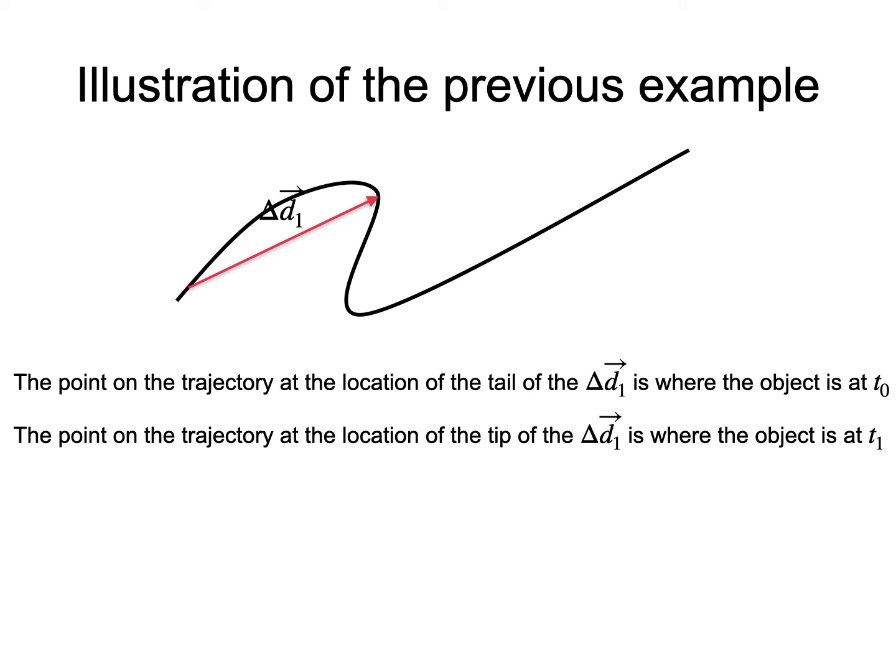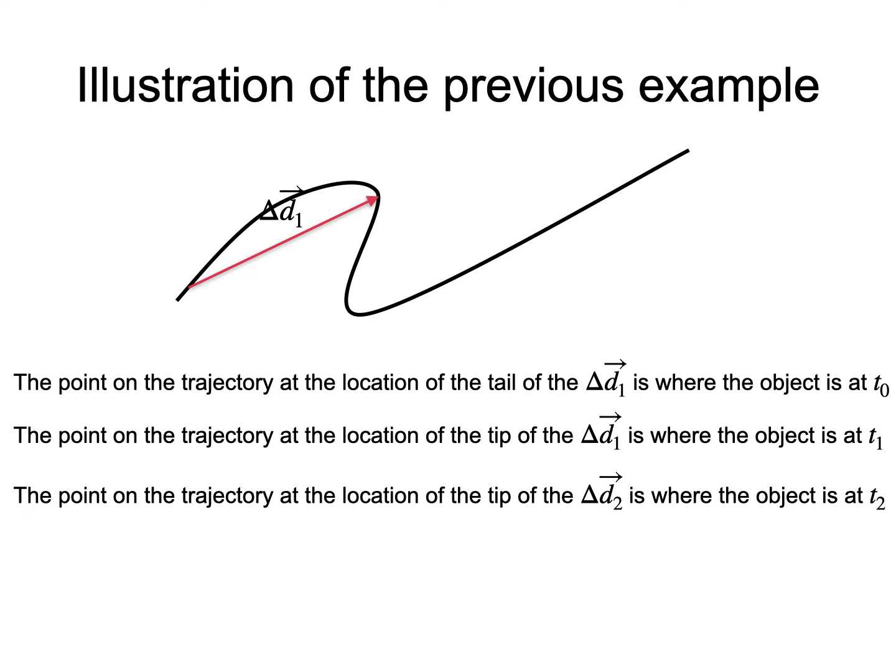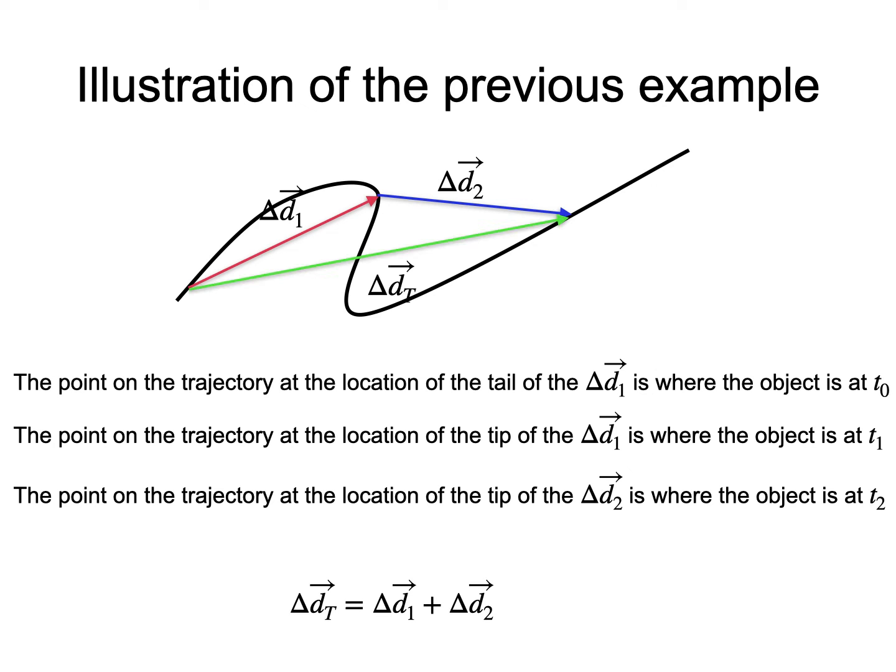We will pick a 3rd point on the trajectory for where the object will be at t2, and draw the vector delta d2 in blue. Adding the red and the blue vectors gives the total displacement, which is the green vector. You can see that it is the displacement over the time interval from t0 to t2.